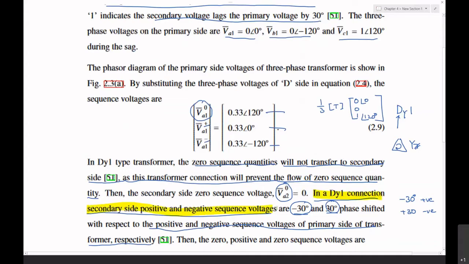We know the positive sequence rotation, and it is minus 30 degrees, it is obvious.